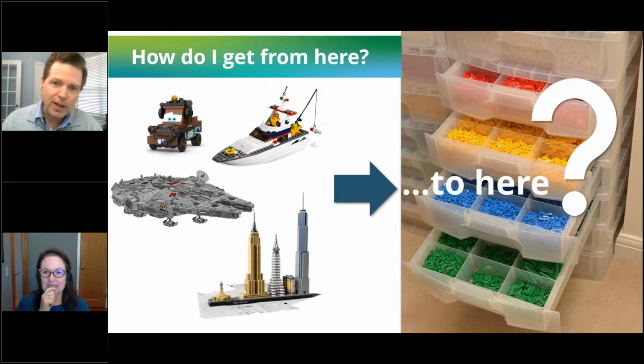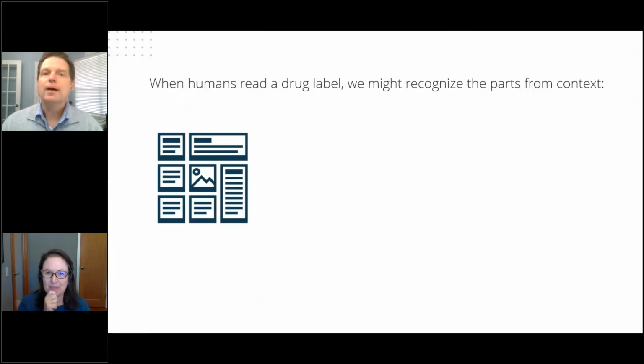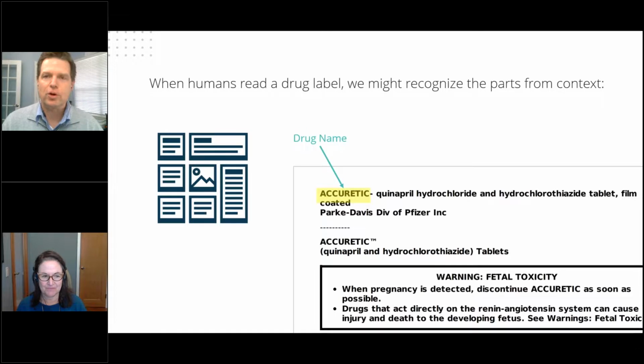Now, I'm going to give you a little bit of an under the hood look here, just to give you an idea of what's going on. Ultimately, what has to happen with this content is we've got to help out our friend, the computer, right? As humans, we can read a document and we can infer structure and we can infer the different component parts just naturally. So I went out, and this is not one of our clients or anything like that, I just pulled a random drug that started with the letter A, and put this in my presentation here.